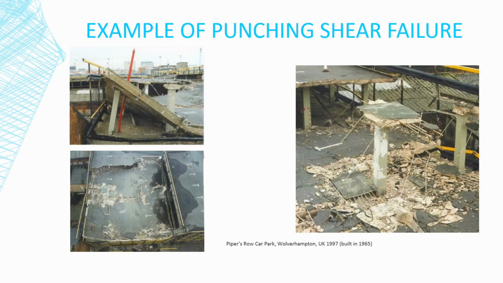At around 3 a.m. on the 20th of March 1997, the top floor section of a car park weighing 120 tons collapsed in Wolverhampton, England. The use of low-quality concrete and poor construction methods resulted in variations in slab depth and unacceptable cover requirements for the top and bottom steel reinforcement.